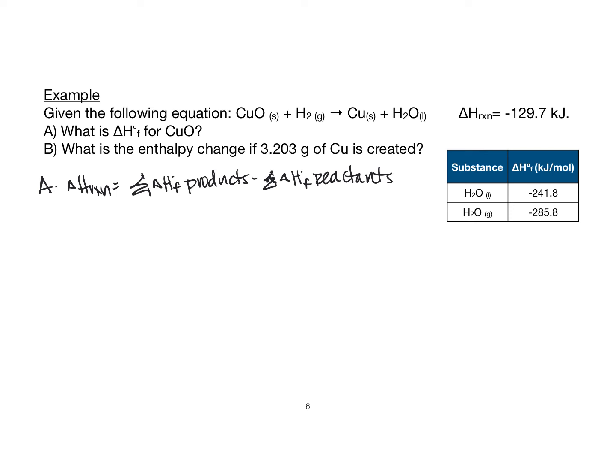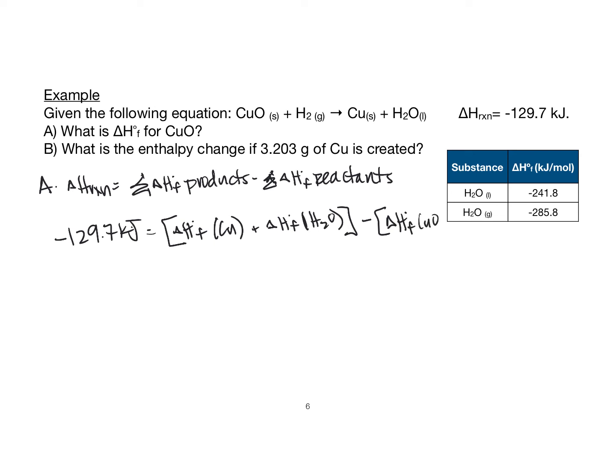So negative 129.7 kilojoules equals the sum of the delta H not F of copper plus the delta H not F of H2O, minus the delta H not F of CuO plus delta H not F of H2. We know that both the heat of formation of copper and hydrogen gas are 0. And so we can plug in a value for the heat of formation of liquid water.